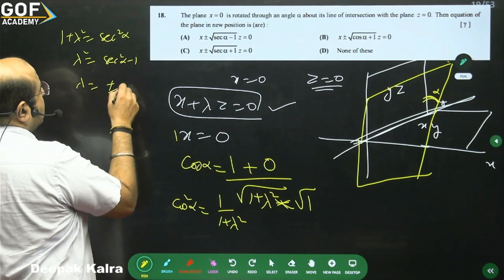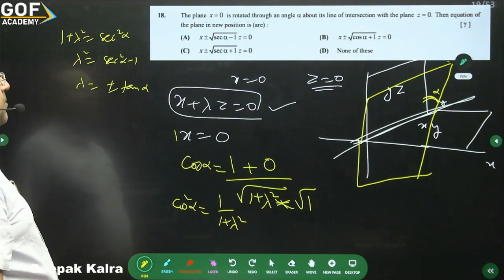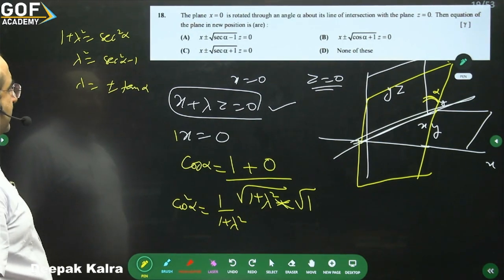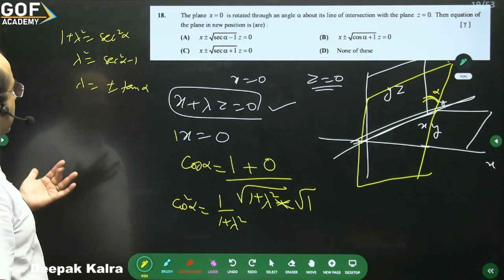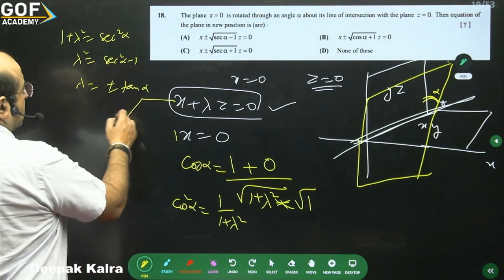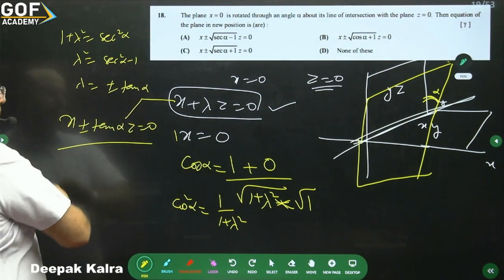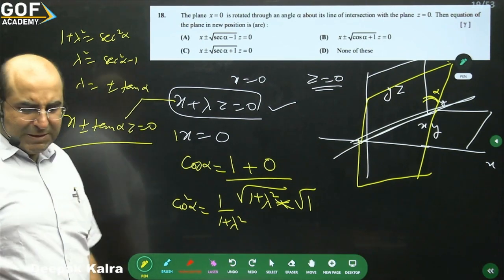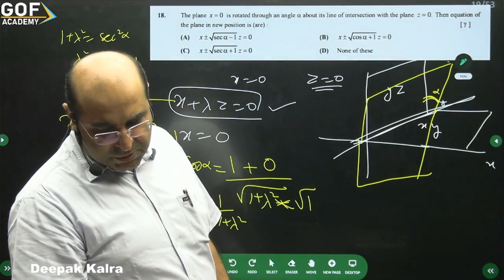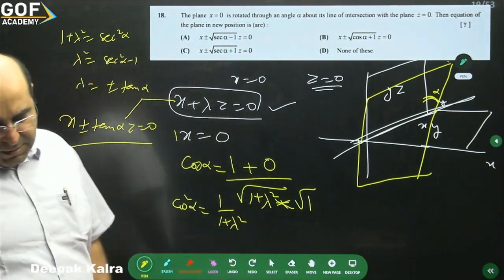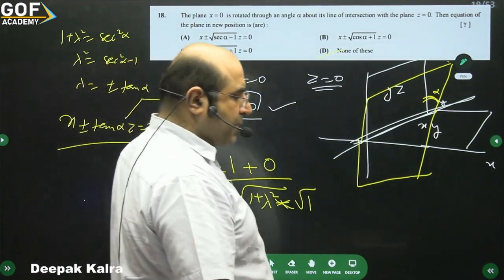Lambda is plus minus tan alpha. This is the answer, I guess. What is the answer key for this 18th question? So answer is D, right? Tell me next.